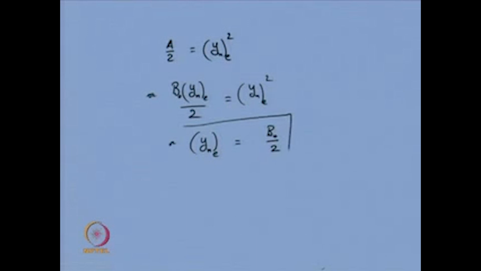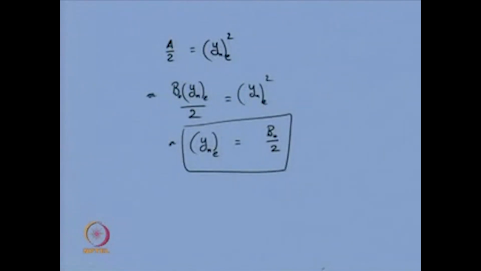So this is the criteria for the hydraulically efficient rectangular cross section. That is, your depth of flow should be half of the width of the channel. So, that is the criteria. Here the suffix E is showing the hydraulically efficient channel. So, for a rectangular channel one can prepare it like that.